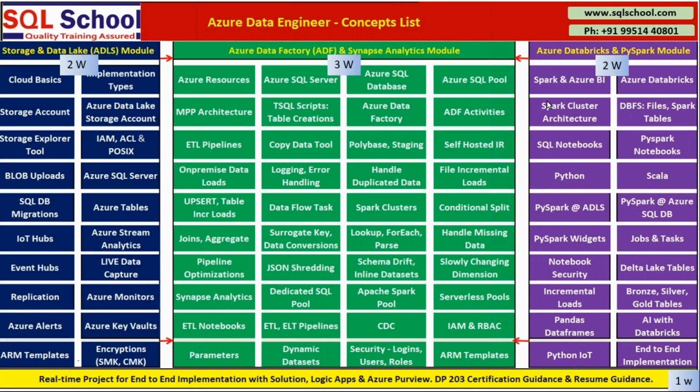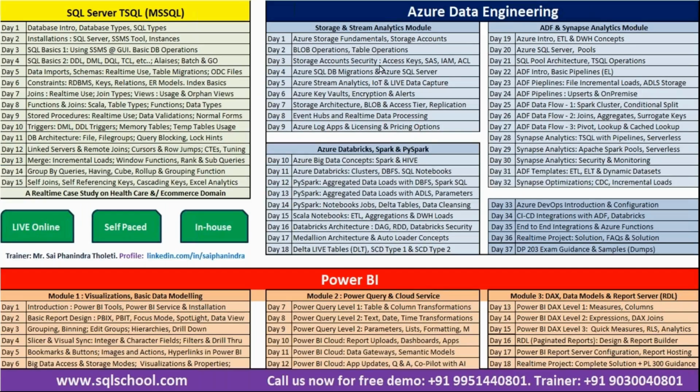So our course is divided into the storage and stream analytics module, the storage part, the legs, and Databricks and Spark, open source ETL Databricks, open source warehouse Spark, Microsoft ETL Data Factory, Microsoft warehouse Synapse.